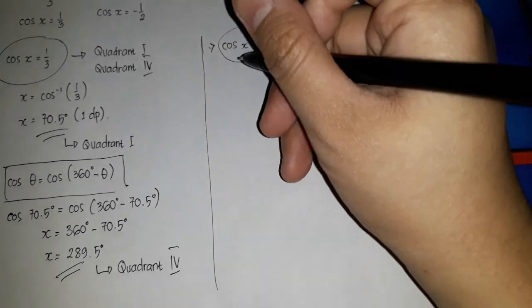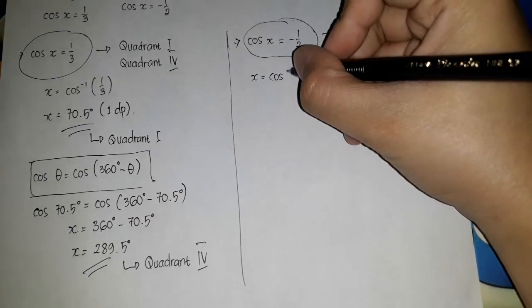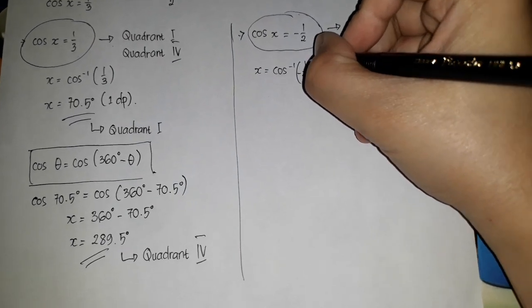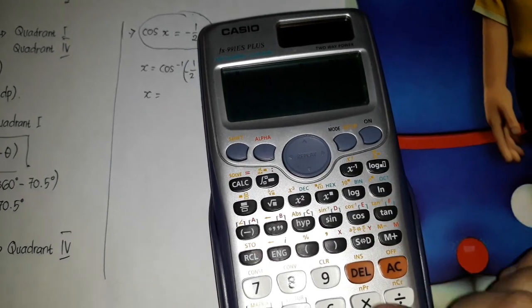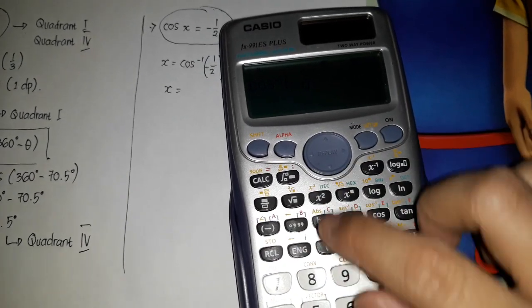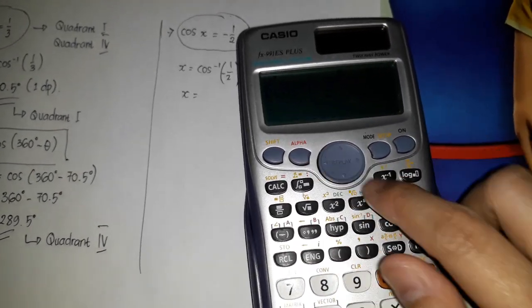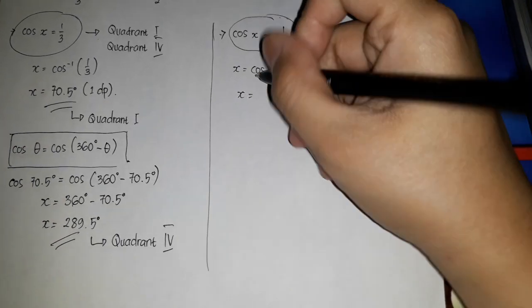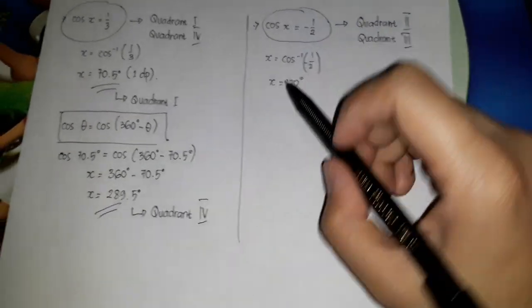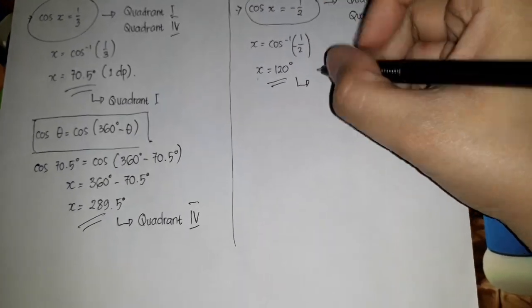Okay, so let's find the value of x. From our calculator, we find that the value of x is 120 degrees, where 120 degrees is in quadrant 2.